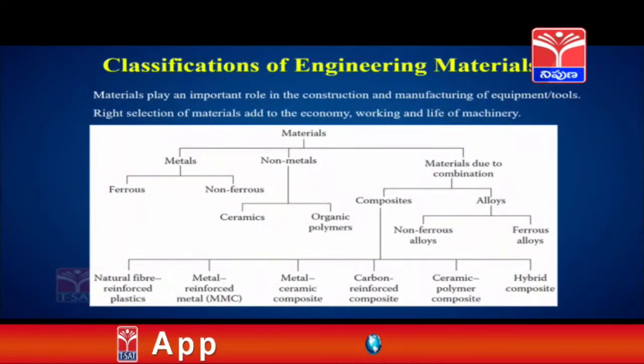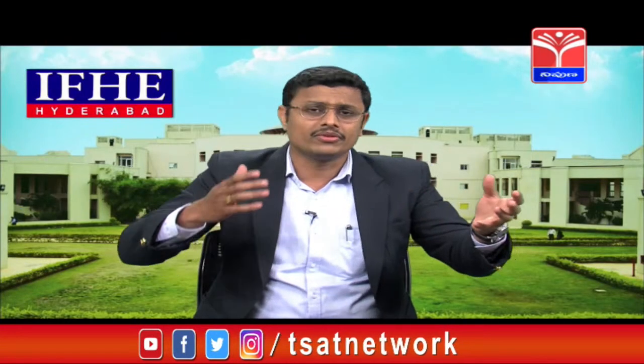Let us discuss what engineering materials are available in today's world. I classified the materials in 3 categories: metals, non-metals, and materials due to combinations. Metals can be divided into 2 groups, ferrous and non-ferrous. Of course, all of you know the difference between ferrous and non-ferrous.